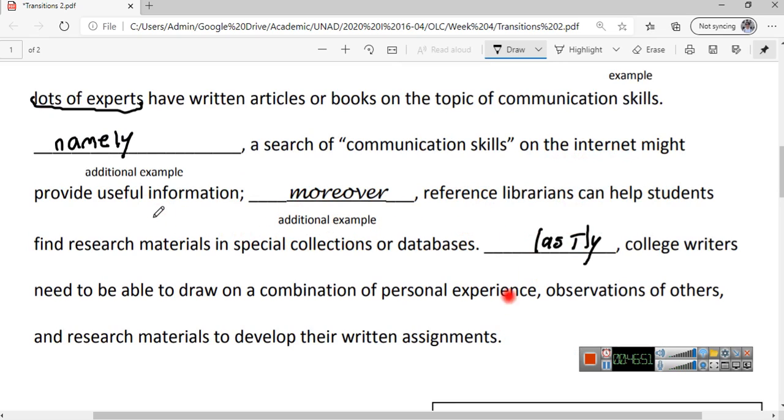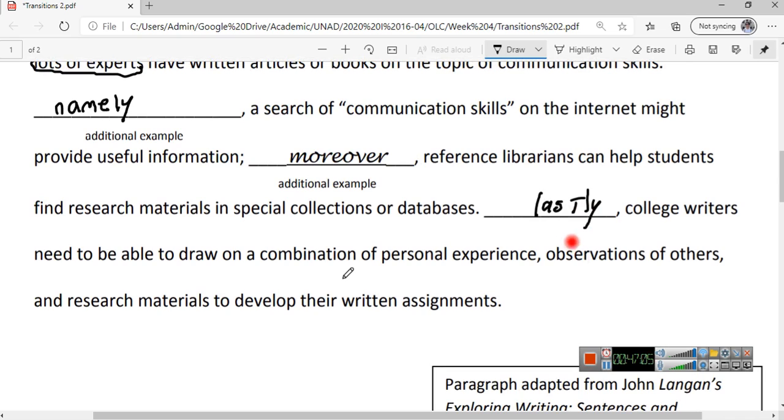Moreover, reference librarians can help students find research materials in specific collections or databases. Lastly, college writers need to be able to draw on a combination of personal experience, observation of others, and research materials to develop their written assignments.